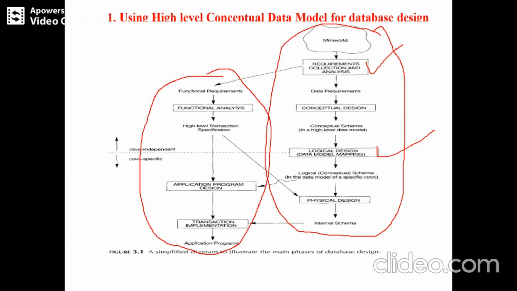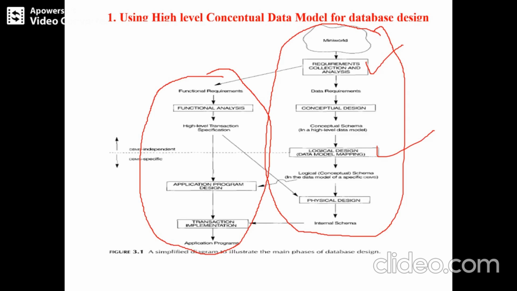By using this commercial DBMS software, we do the implementation. In this design, the conceptual schema is converted from high-level representation, which is theoretical, to the logical representation. This process of conversion is referred to as logical design or data model mapping.